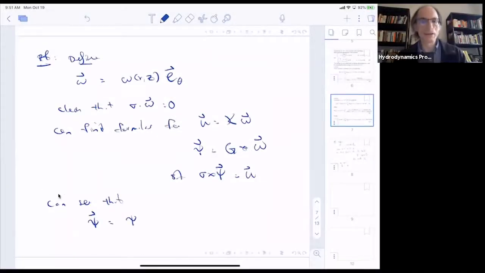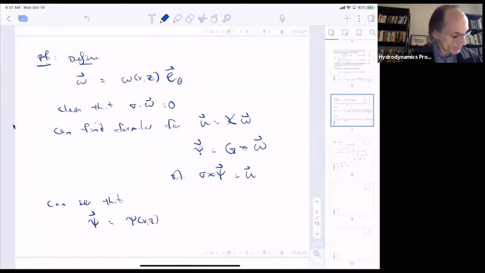I have to check my notes, excuse me. Right, psi of R, Z, I'll write it like this, times e sub theta.